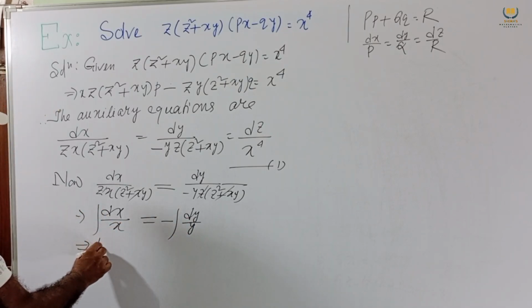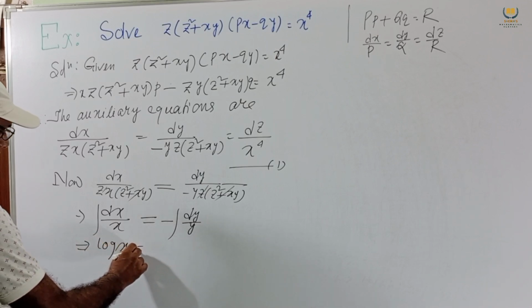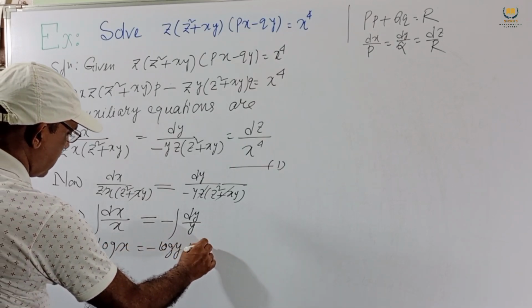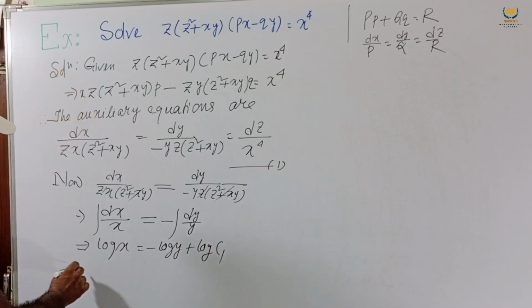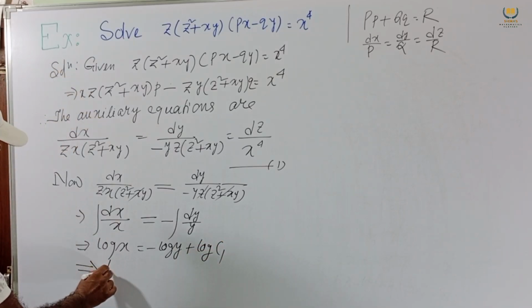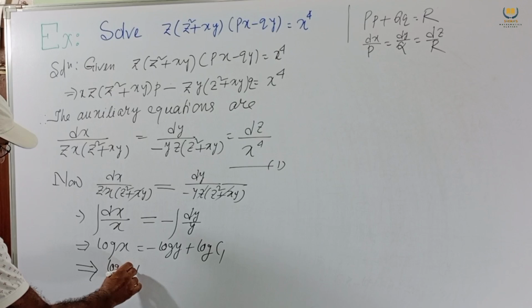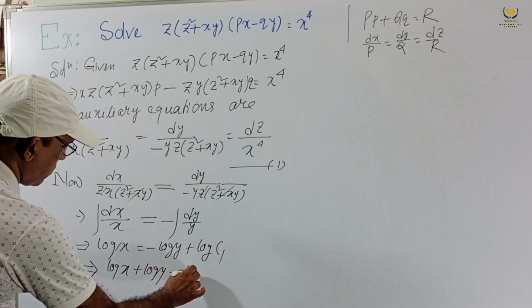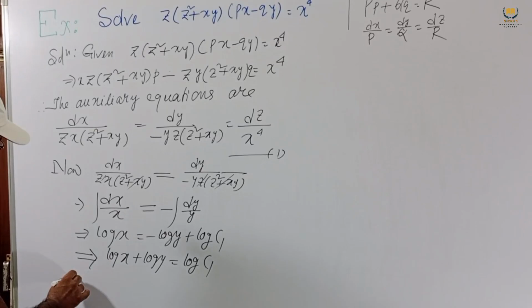So this will be log x minus log y plus log c1. This implies log x plus log y equal to log c1.